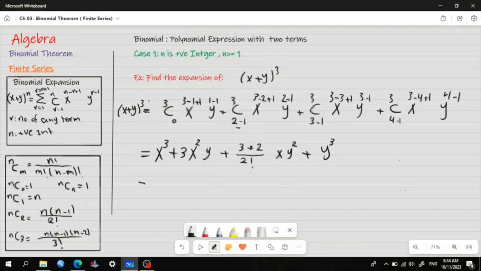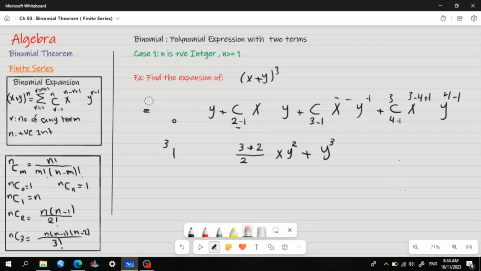Okay, let me write that: x cubed plus 3x squared y plus, the factor of 2 is 2, so here we have 3xy squared plus y cubed. Okay, this is the expansion by using the general form of binomial expansion.